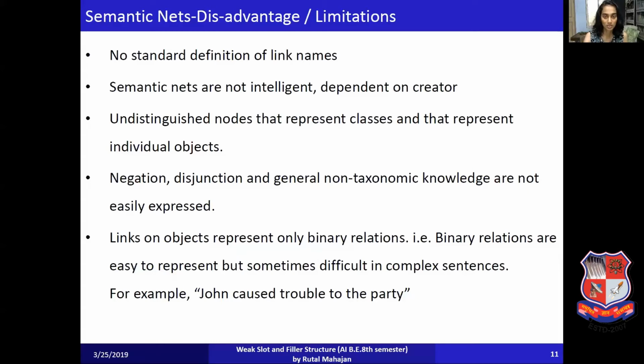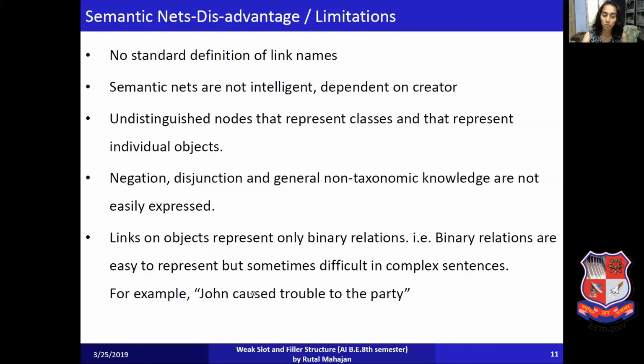Like see this sentence: John caused trouble to the party. Here John and party, these two entities, are related with caused trouble. But who caused trouble? John. To whom? Party.